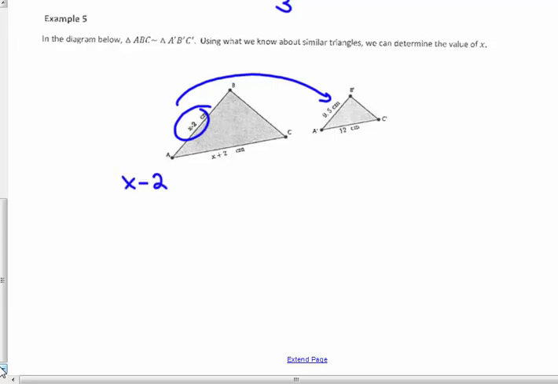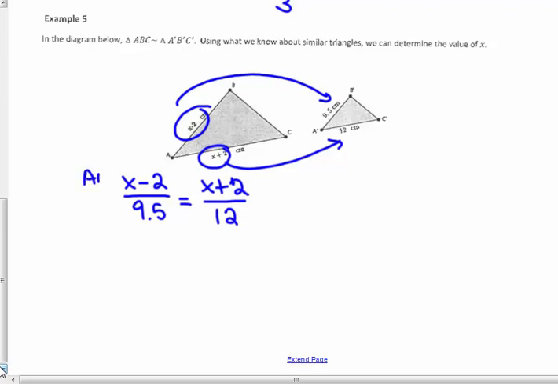So x minus 2 is to 9.5 centimeters as, large triangle again, x plus 2 is to 12. The side AB in the large triangle, x minus 2, to the corresponding side A prime B prime in the small triangle, has to be proportional to the ratio of AC in the large triangle to A prime C prime. Those are their corresponding sides, so you set them up in a proportion.